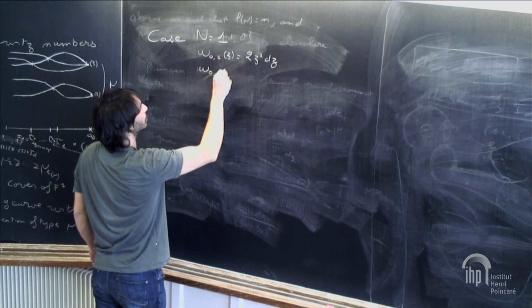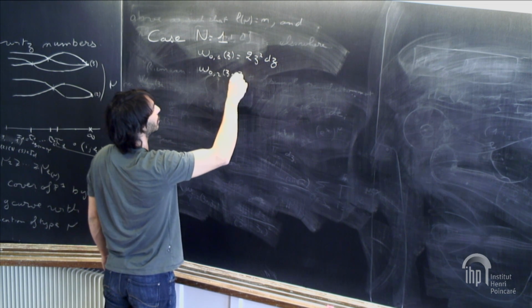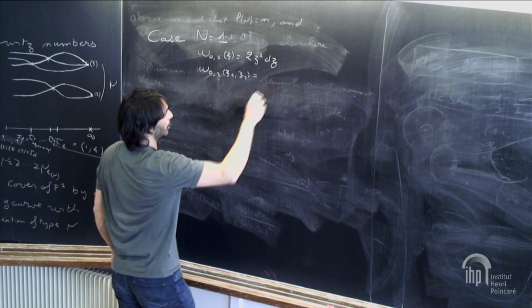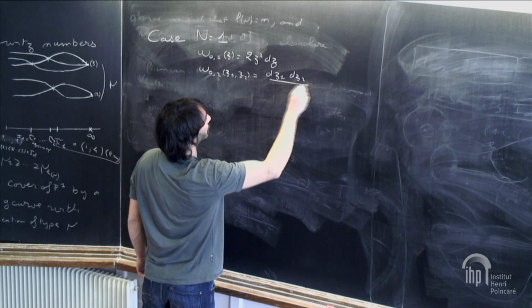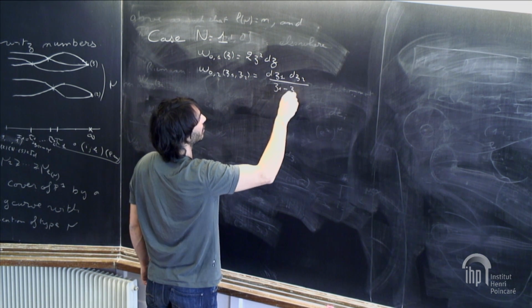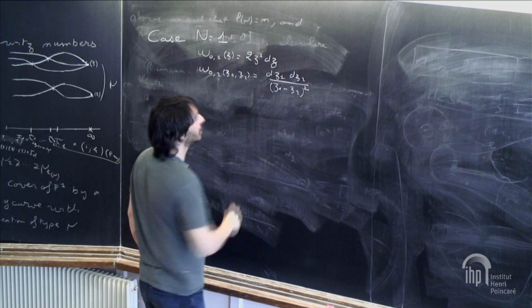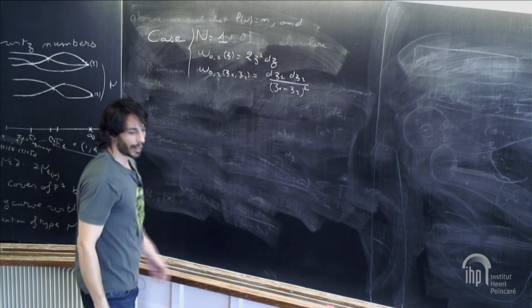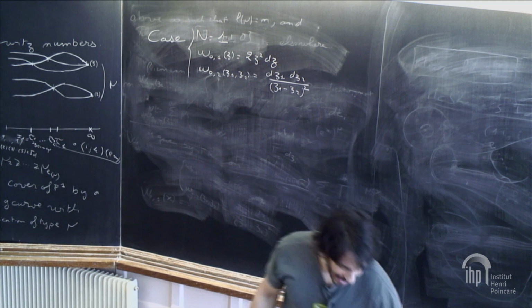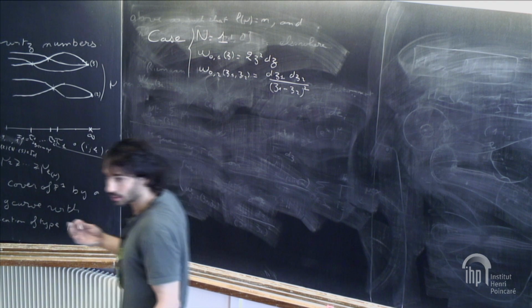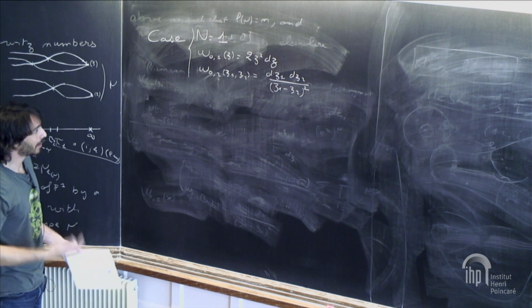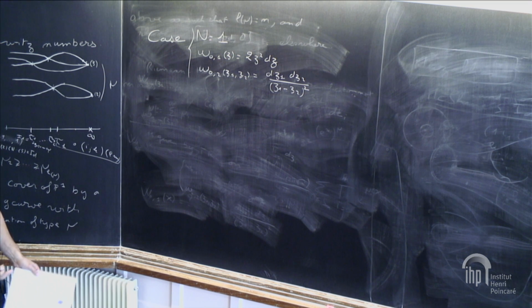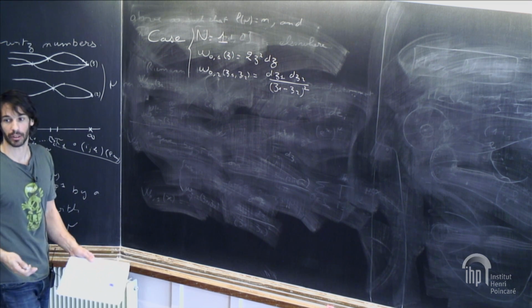And omega 0,2 of z1, z2 is equal to dz1 dz2 over (z1 minus z2) squared. And I compute the topological recursion for this case. And this is a very fundamental example. This is a case which seems very particular and very simple, but actually it has almost all the information about the topological recursion.